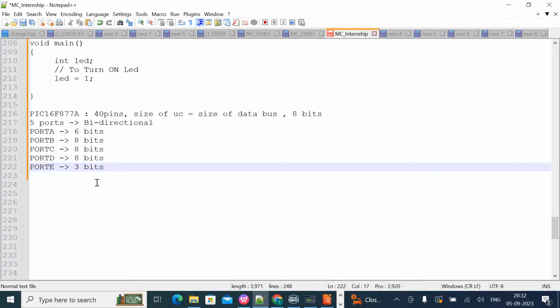No, Prince, it is not counted as two. It means the same pin is connected to two different peripherals.